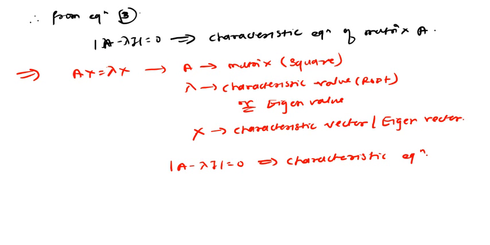These are the things to remember: the characteristic value, that is the eigenvalue, the eigenvector, and the characteristic equation of the given matrix.